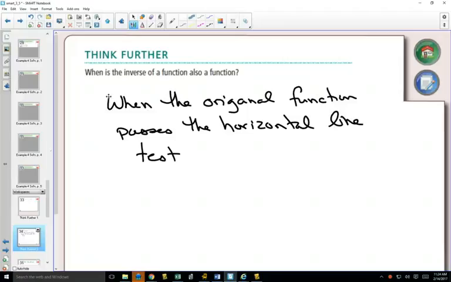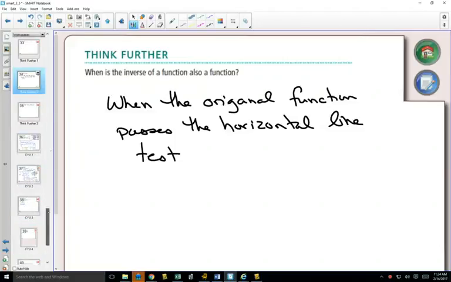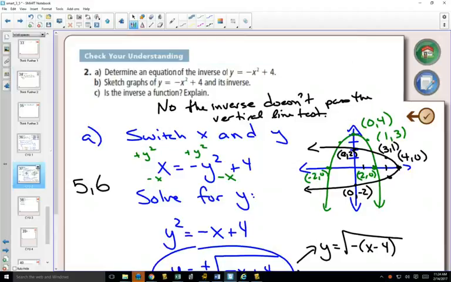Can you see in the parabola that we just did that our parabola, the green graph, doesn't pass a horizontal line test? And as soon as you switch x and y's, that will mean your inverse graph is not going to pass the vertical line test. So if your original function passes a horizontal line test, then your inverse is going to be a function because it will pass the vertical line test.